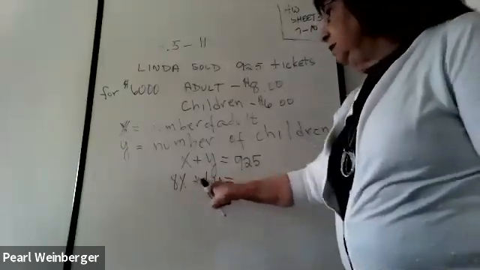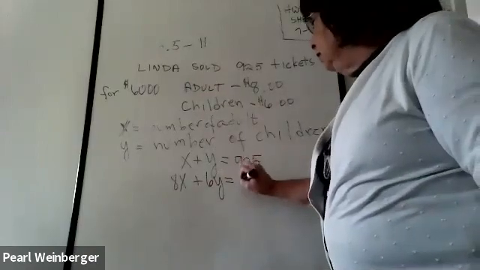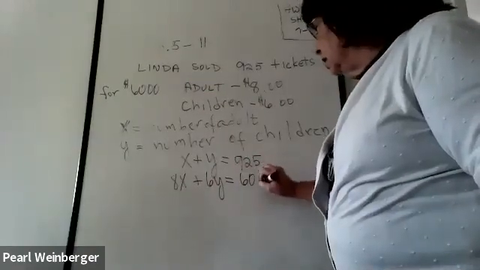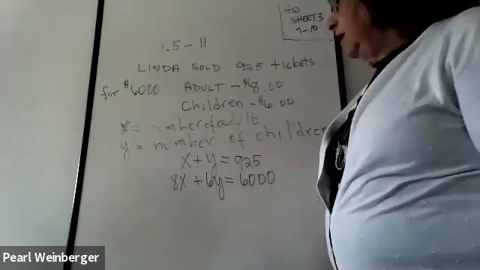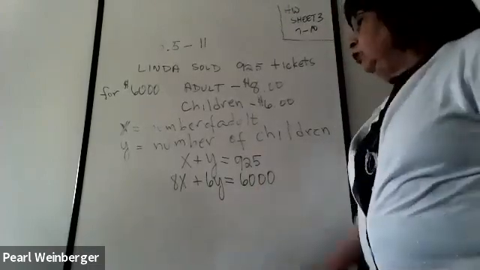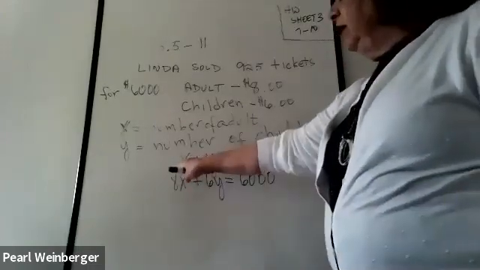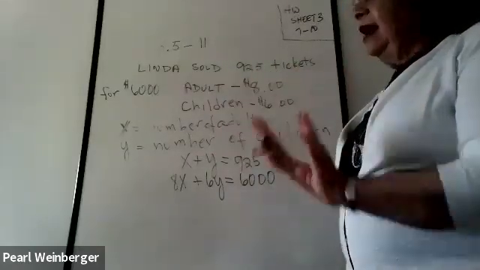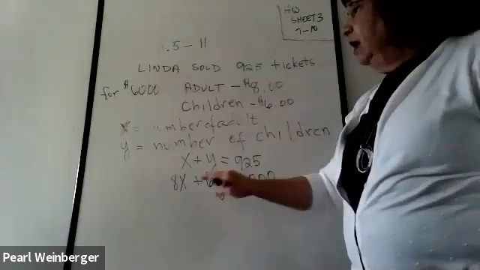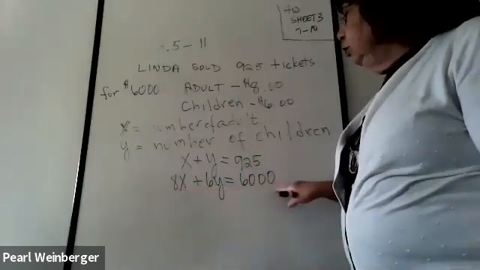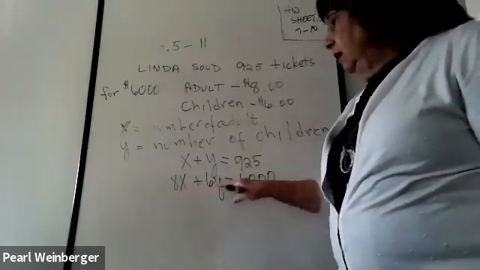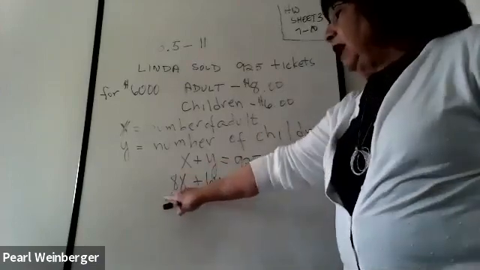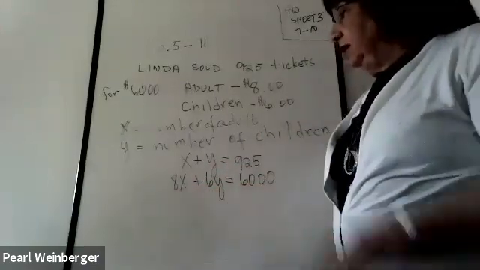Now the 8X plus the 6Y has to be equal to the 6,000. So my first equation just had to do with plain X and Y, how many tickets were sold. The second included the money, the $6,000, so you had to include the price of the tickets.